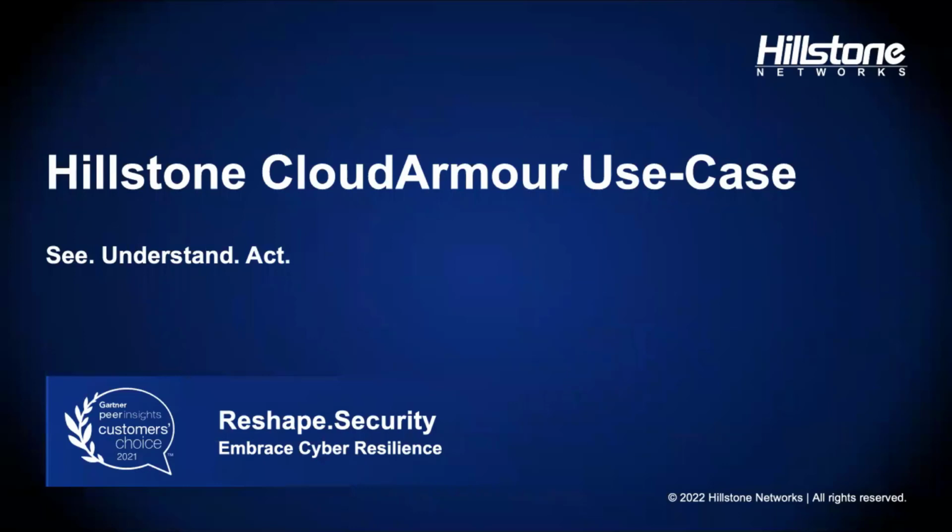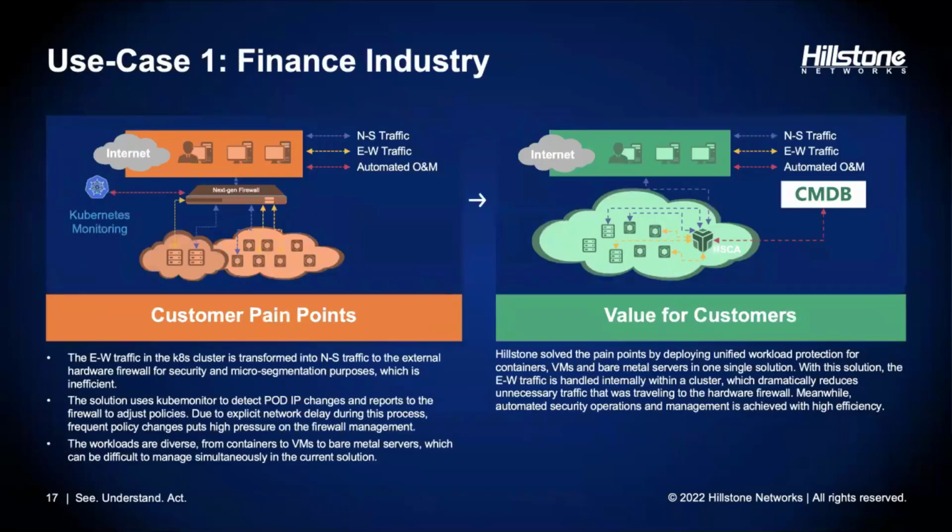As CloudArmour was released over a year ago, we do have a couple of use cases that we can share with you all. First is a huge bank in the finance industry with reported revenue of close to 30 billion US dollars. What happened in this scenario is that in the Kubernetes cluster, in order to view the east-west traffic, the structure was set up where it first had to be translated into north-south traffic to the external hardware-based firewall before microsegmentation could be implemented.